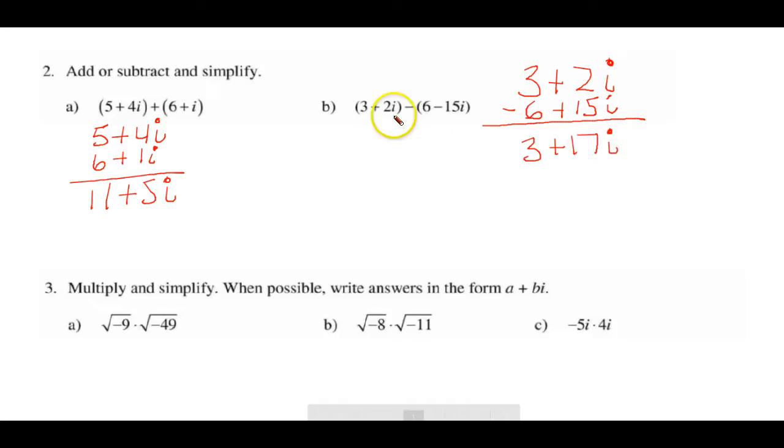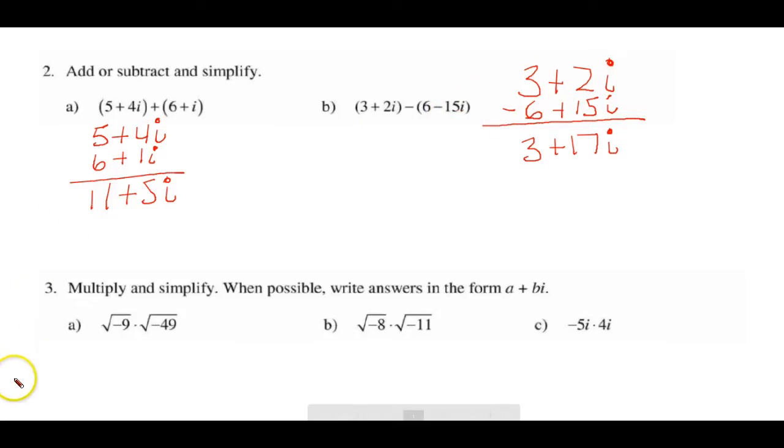Now you might say, is it okay to do this mentally? Yes, but again, you want to ensure you get the correct answer. So again, this idea of lining like terms up and then making the sign change to both terms is important.